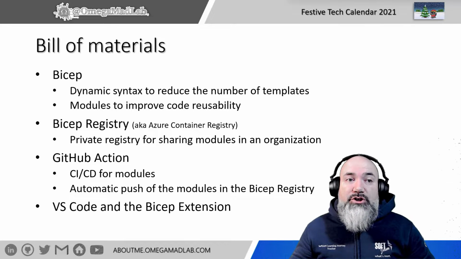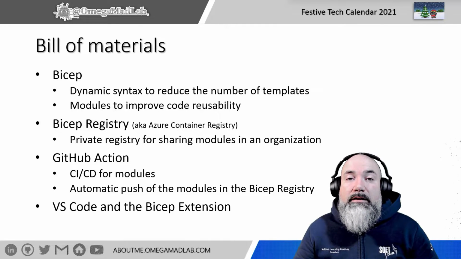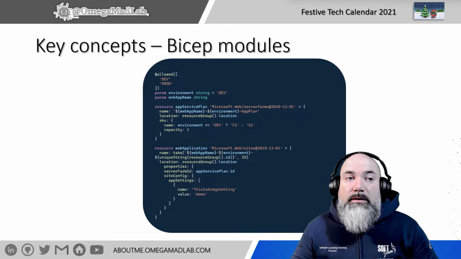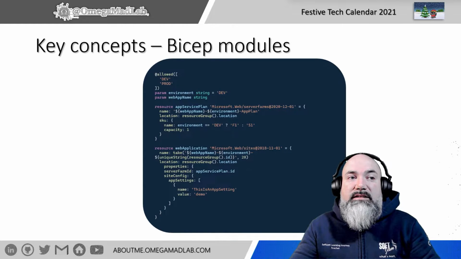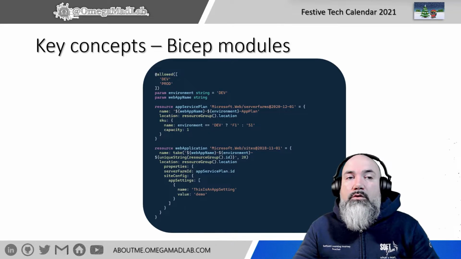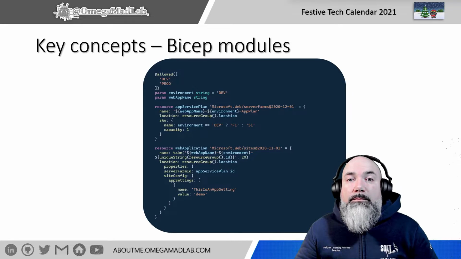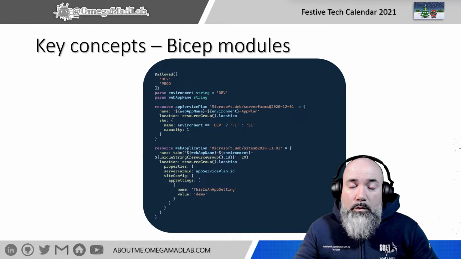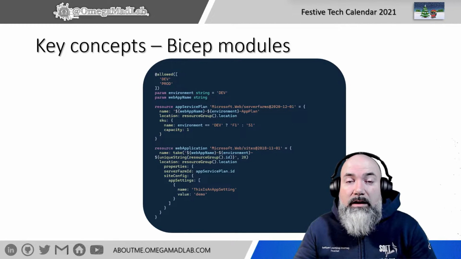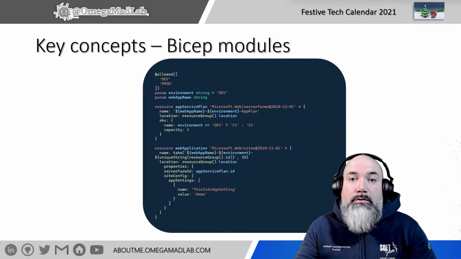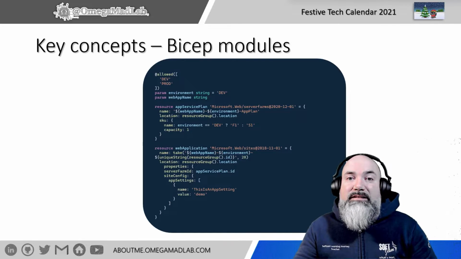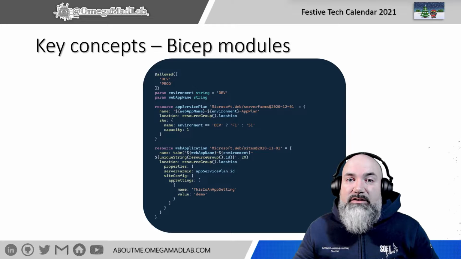Now, before jumping into the demo environment, let me briefly introduce some key concepts of the proposed solution, starting with Bicep modules. A Bicep module, in the end, is a simple, plain Bicep file without any special syntax.